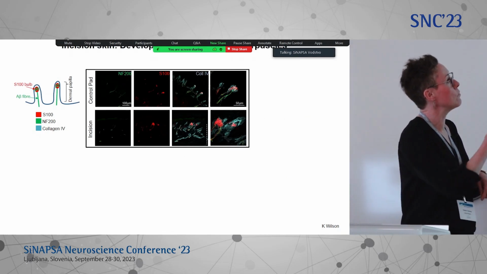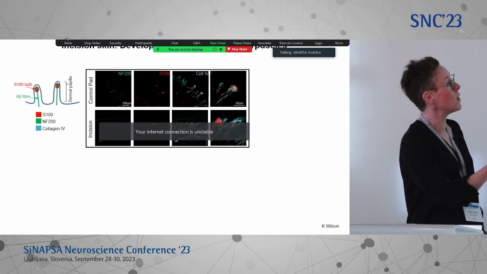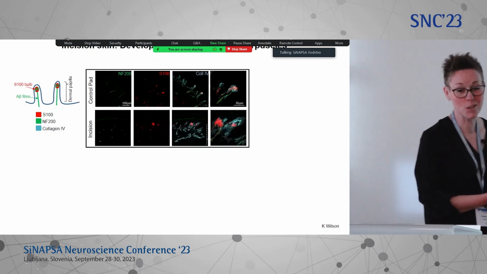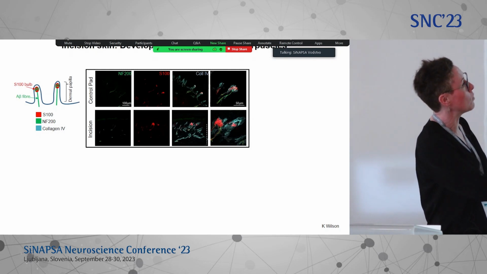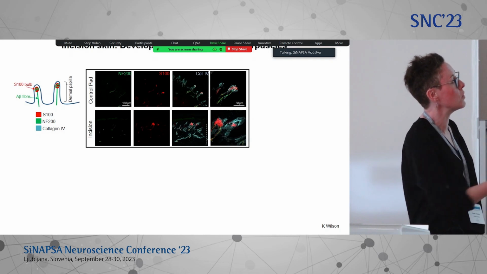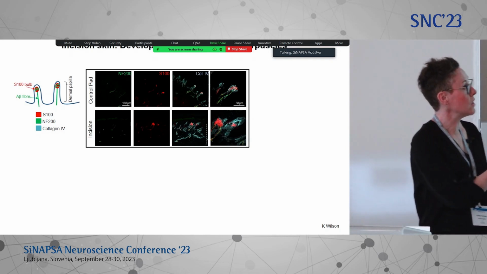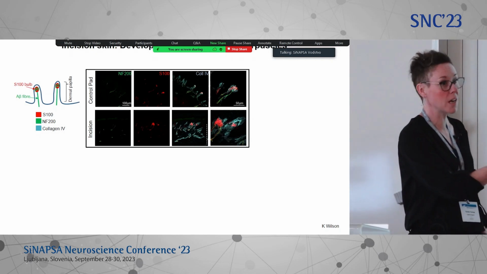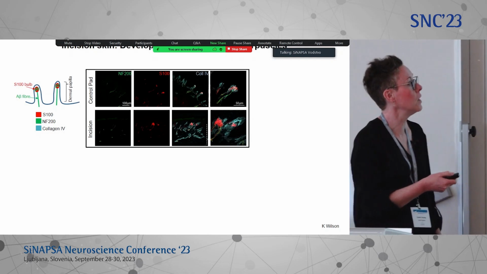And so we have immunostained for these structures in both the control pad and incision tissue. If you look at the tops of these dermal papillae, zoomed in here, you can see the S100 bulb and the innervating nerve fiber. And really interestingly, in the incision tissue, in these putative papillae, we see the same structure.